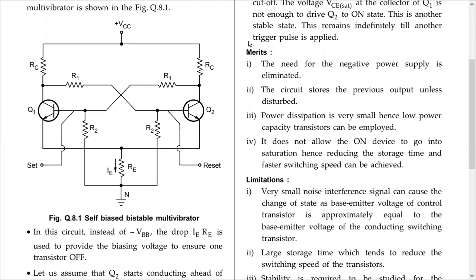That is how both states are maintained, and both states are controlled by using set and reset, with triggering similar to the previous case. In this manner, this circuit works as a bistable multivibrator, same as the previous case, with the important advantage that we are making use of only one DC source.